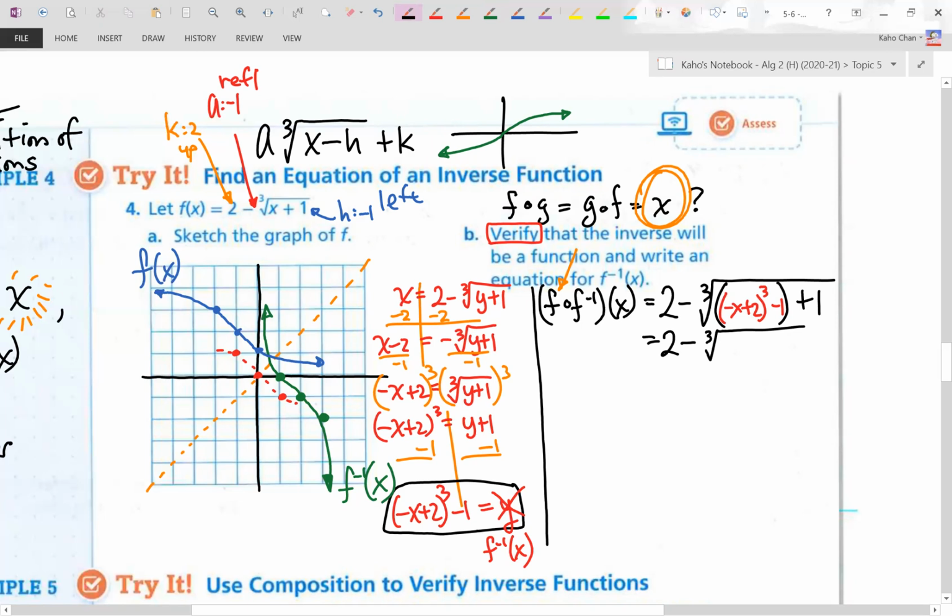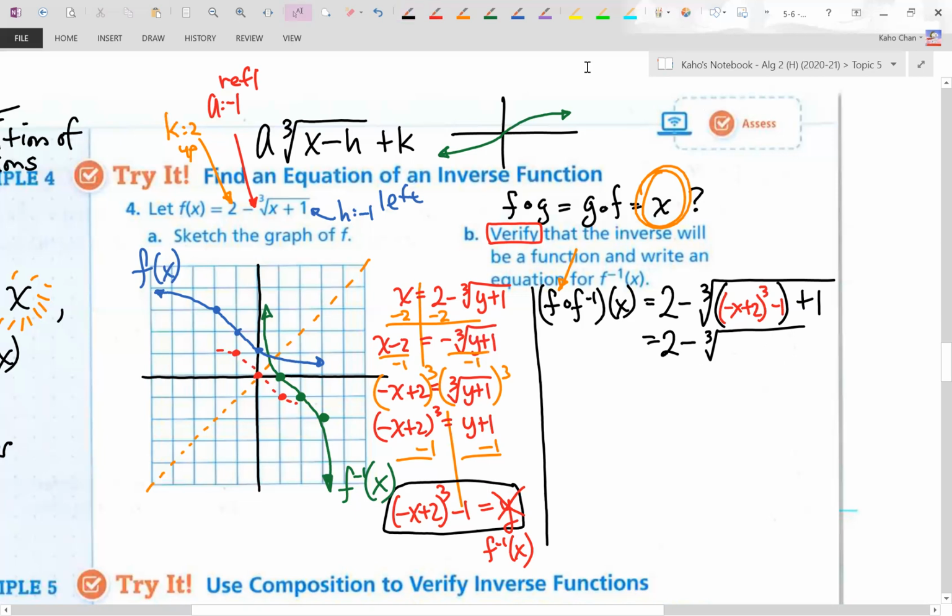Oh boy. This is a lot of work, isn't it? Yep, it is. I'm missing something here.